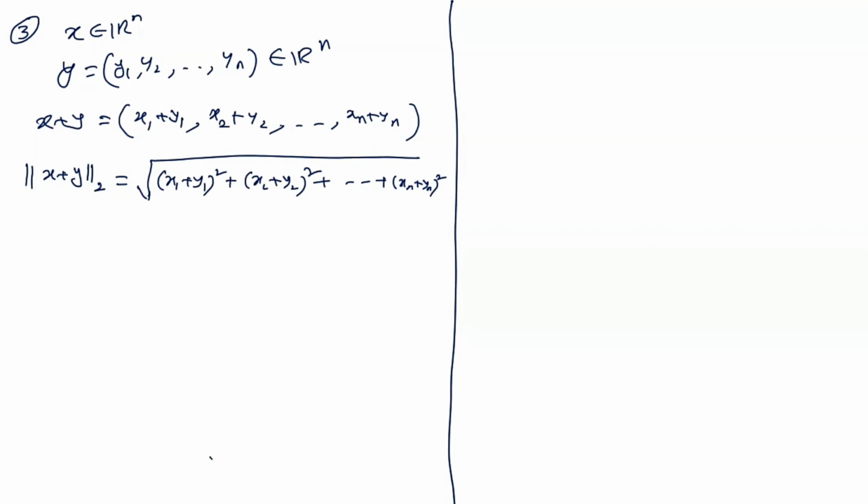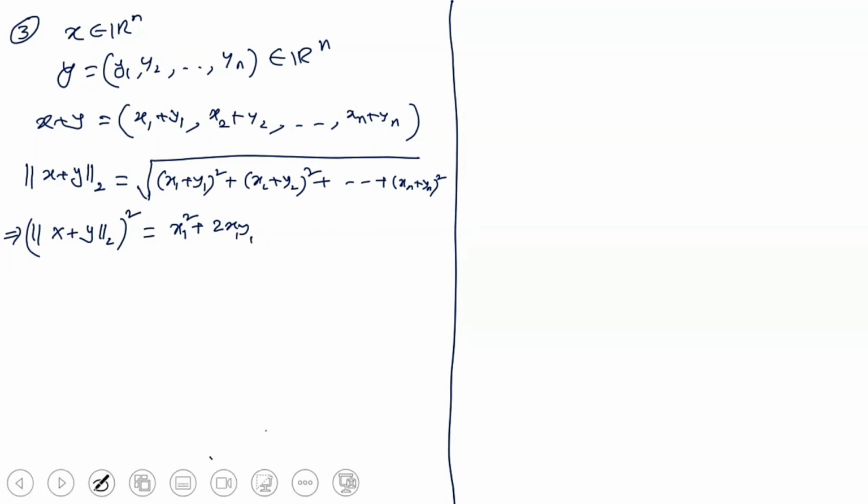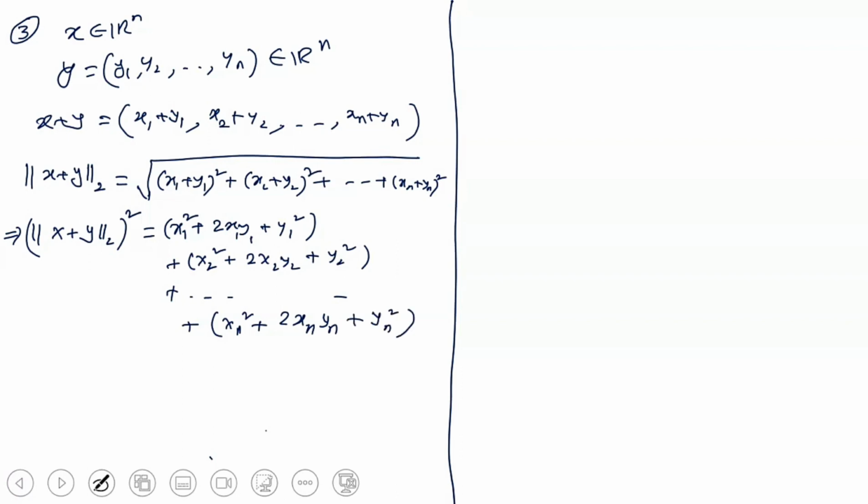We can write this as: the norm of x plus y to its whole square is x1 square plus 2 x1 y1 plus y1 square, plus x2 square plus 2 x2 y2 plus y2 square, and so on, the last one being xn square plus 2 xn yn plus yn square.